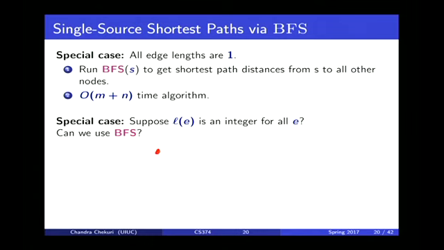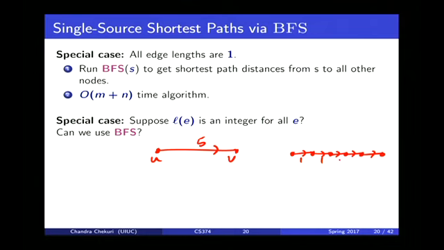So if I have an edge which looks like this, 5, I can do this, right? Let me direct it for simplicity. Okay? And I'll say, now I'll pretend this is U and this is V. I created extra vertices, and all these are of length 1, right?